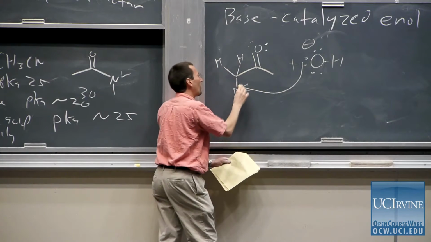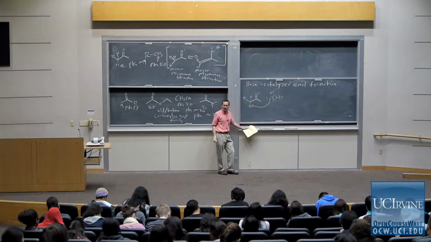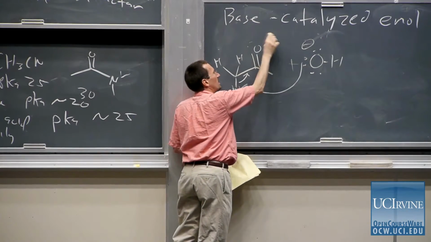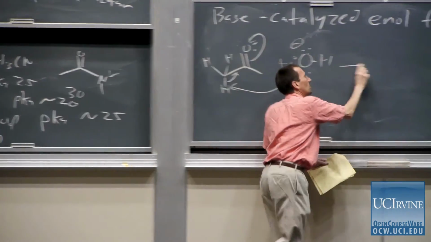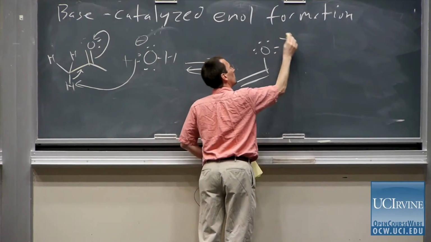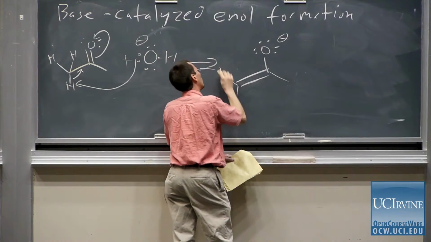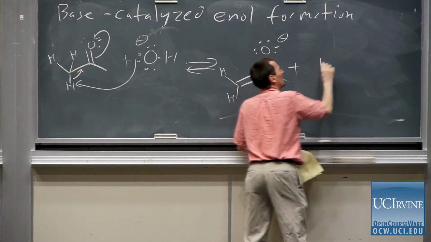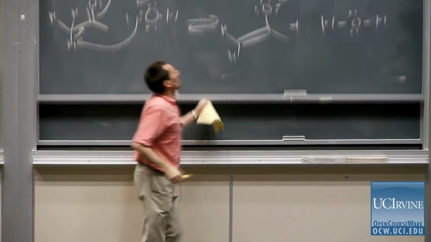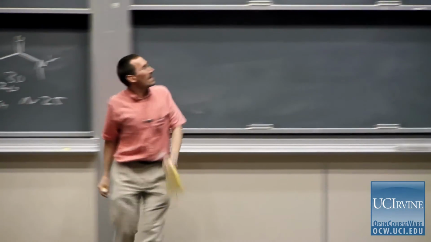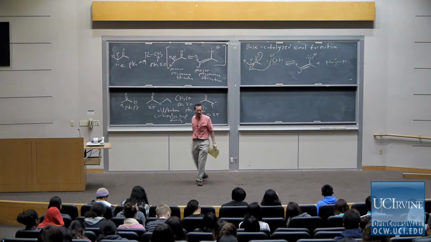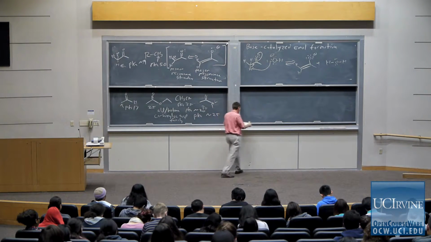We can pull off the alpha proton. The alpha proton is weakly acidic. Remember, pKa of 20 is the number you want to keep in your head. So we have an equilibrium here with the enolate. But that equilibrium lies slightly away from the enolate, and so we can protonate.